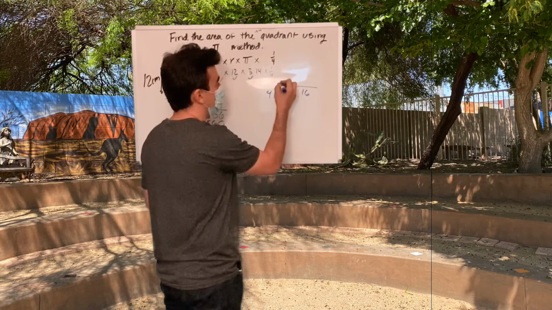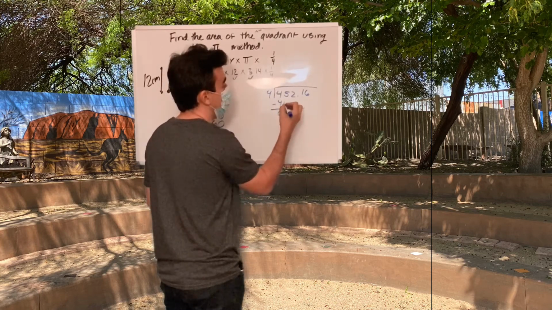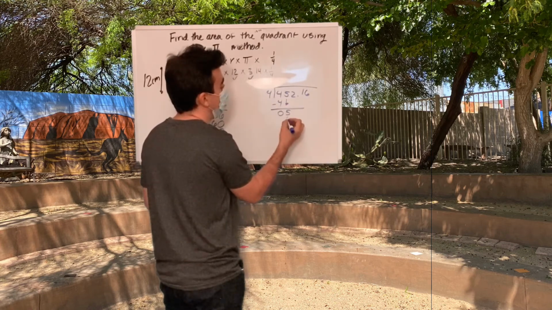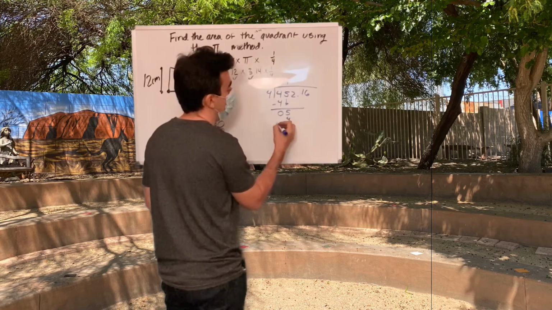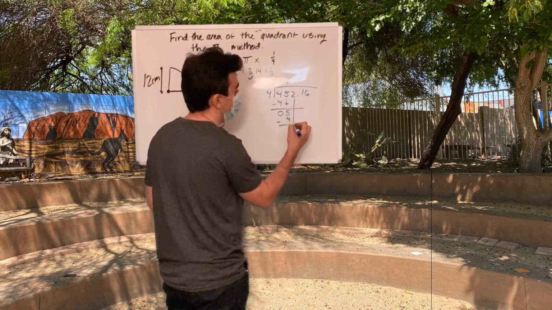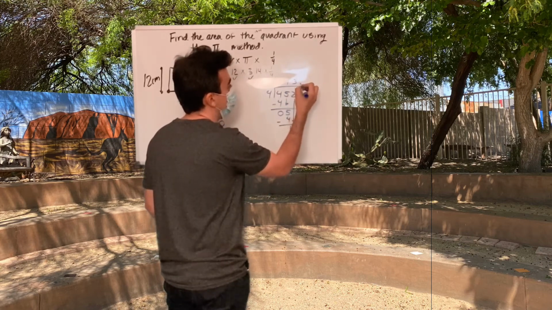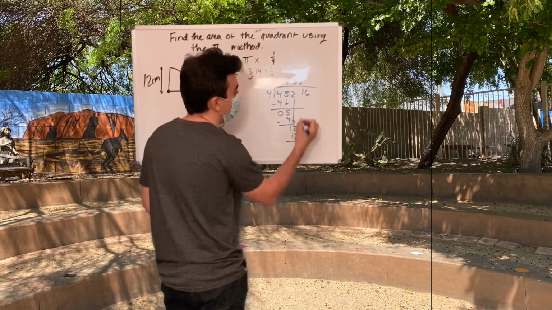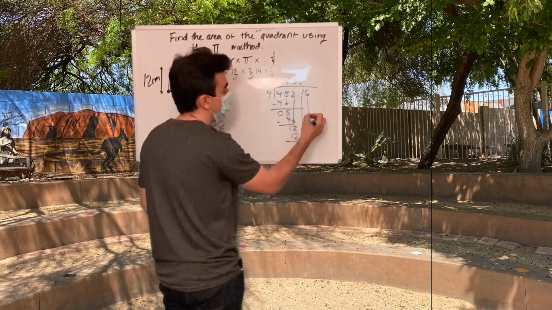4 goes into 4 one time. I subtract, I get 0. Good. Bring down my 5. 4 goes into 5 one time. 1 times 4 is 4. Subtract, you get 1. Then 2. 4 goes into 12 3 times. Don't forget your decimal. 3 times 4 is 12. 0. Bring down your 1. 4 doesn't go into 1, but it does go into 16.